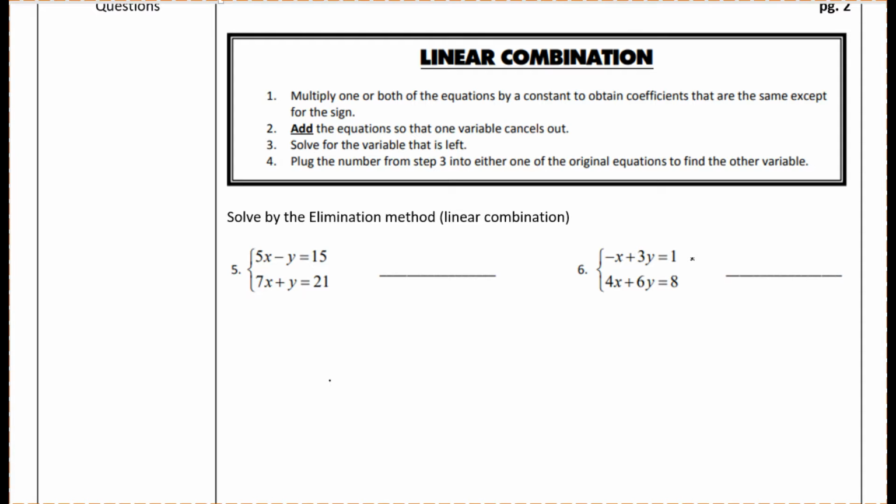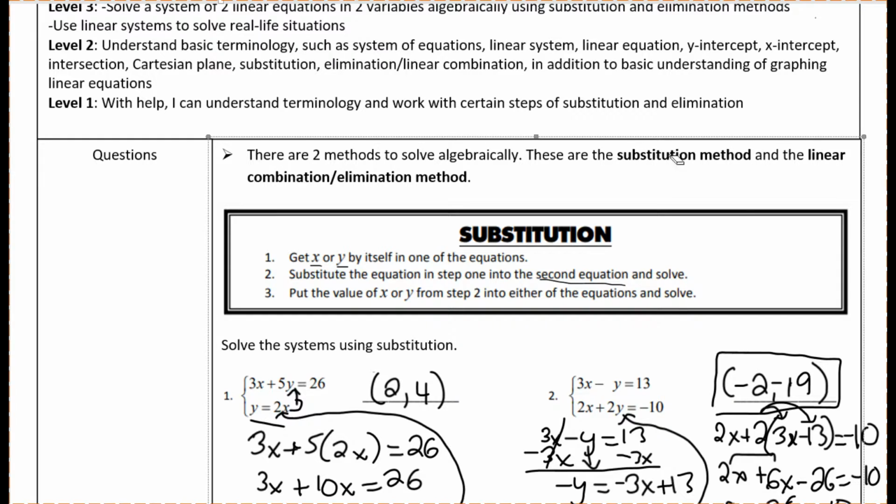So what we do is we multiply one or both of the equations by some kind of constant in order to match the coefficients so that you can eliminate one of the variables. So the goal is to make one of the coefficients identical in order to cancel the equations out by adding or subtracting them. And then you want to solve for the variable that's left over. So we're going to show you how this works in practice.